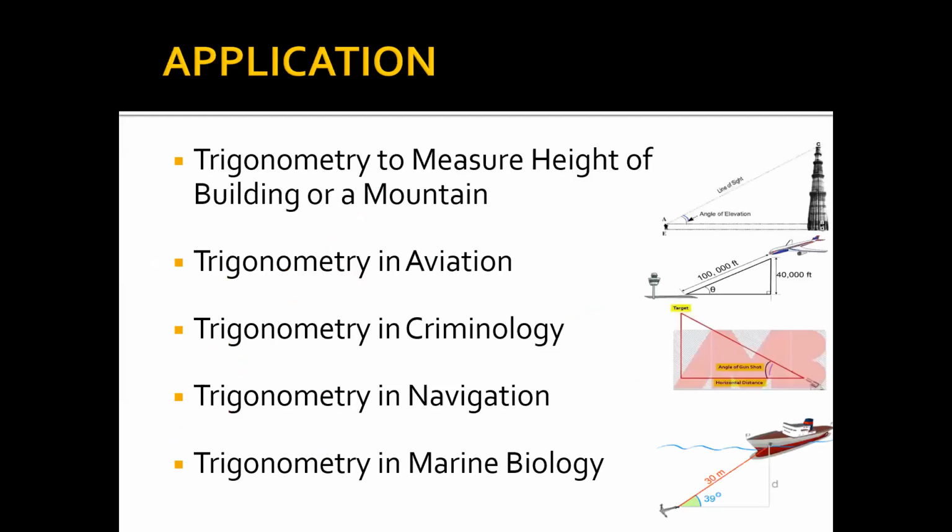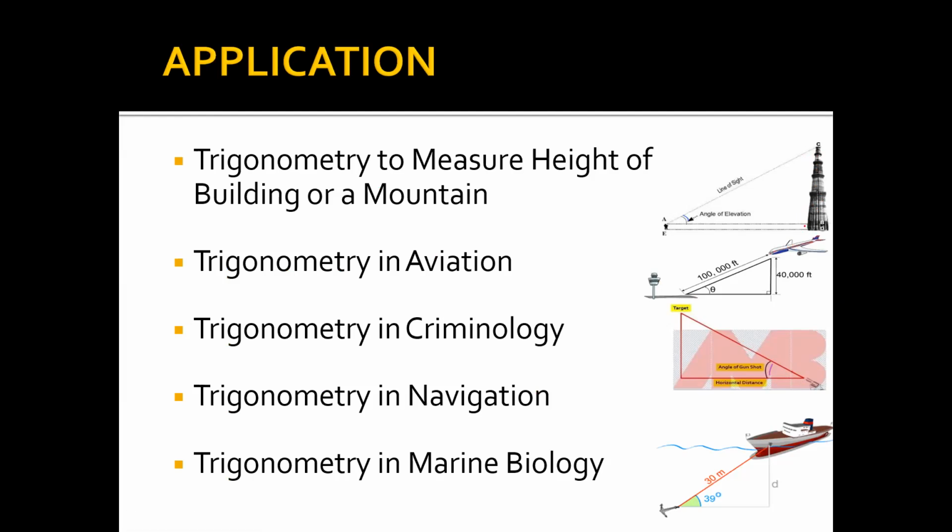Okay. After that, let's have a look at applications. There are a number of applications of trigonometry, but on top of that, I have collected some applications that are on your screen. You can see here one building, black and white. That building is called Qutub Minar, located in the capital of India, in Delhi.